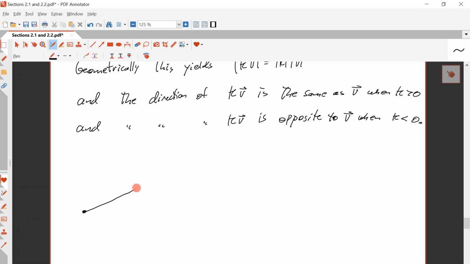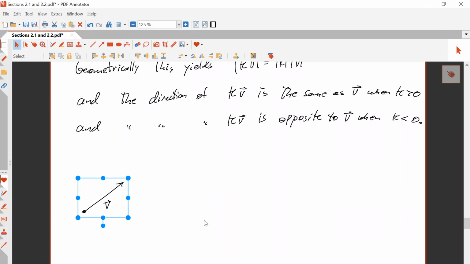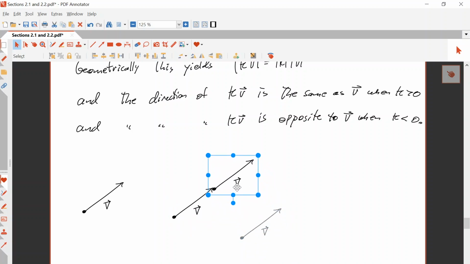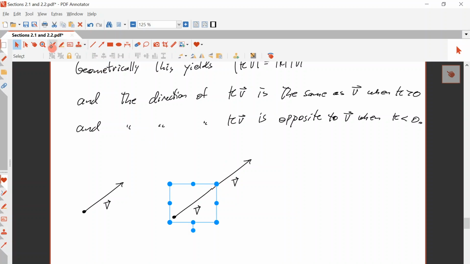If this is the vector V right here, then 2V is going to be a vector of twice that length with the same direction. So this is the vector 2V right here.